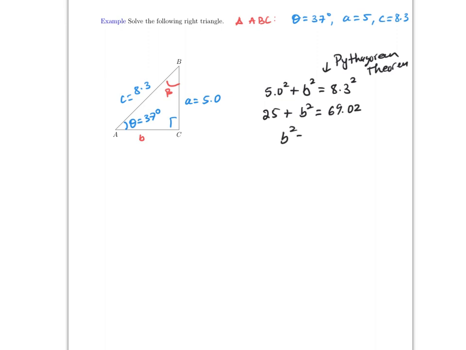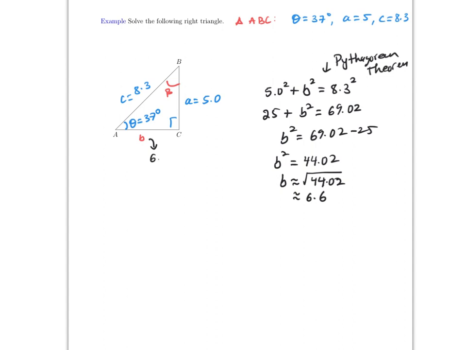Then B squared will be 69.02 minus 25, which means B squared is equal to 44.02. So then B is the square root of this, which is approximately equal to 6.6.